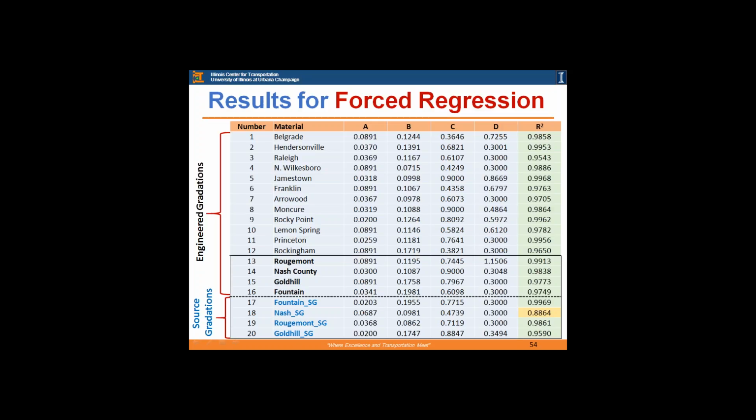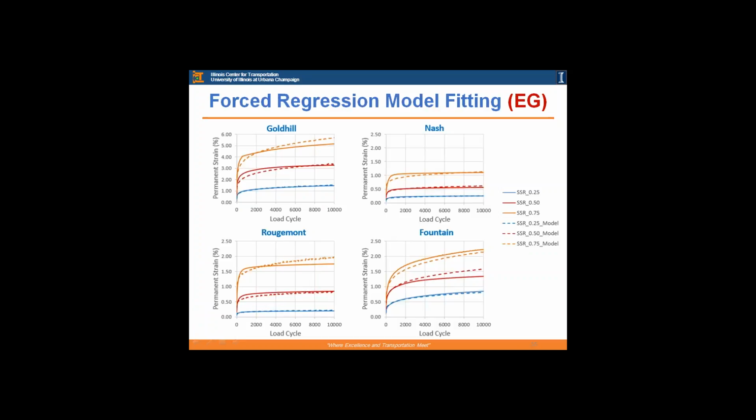And just to give an example of how these forced regression parameters are predicting the field, or the experimental permanent deformation, these are the predictions shown in dashed lines for the engineered gradation. On the next slide, I'm going to show the source gradation. If you look at these predictions, they're pretty good.